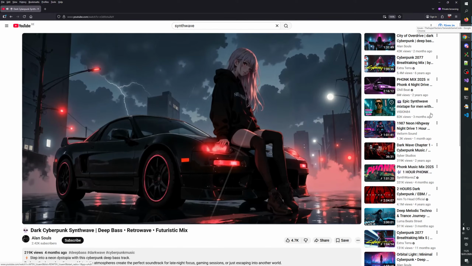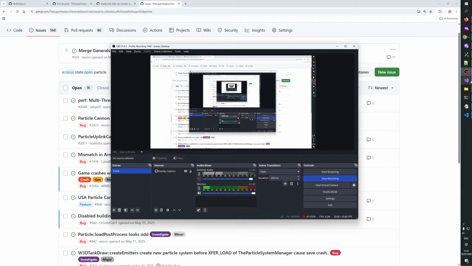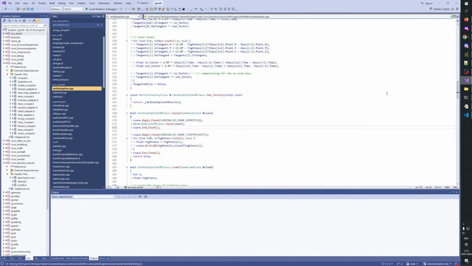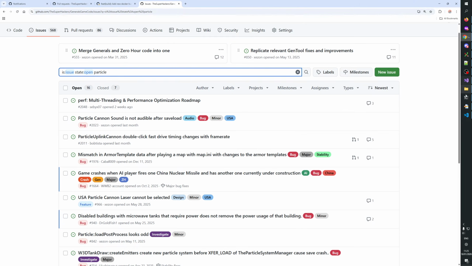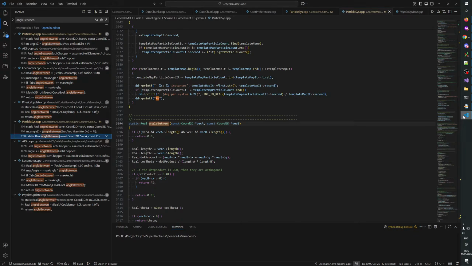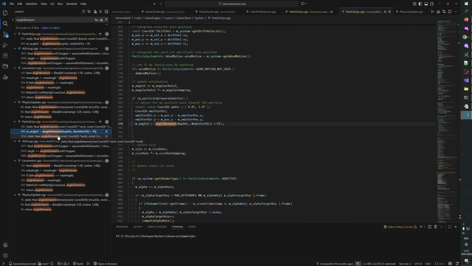Man, the music is a bit too extreme here. Where are we? Here. Yeah, I don't quite understand right now where this function will be. How does this work?